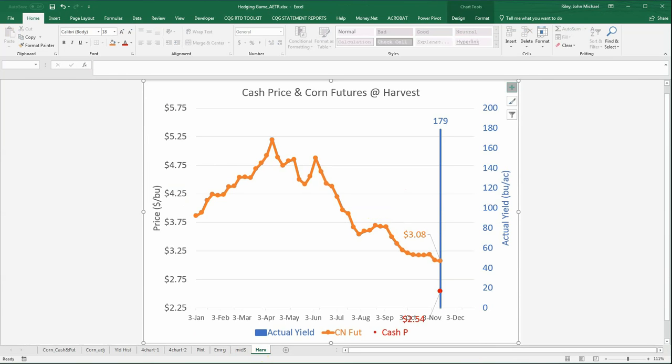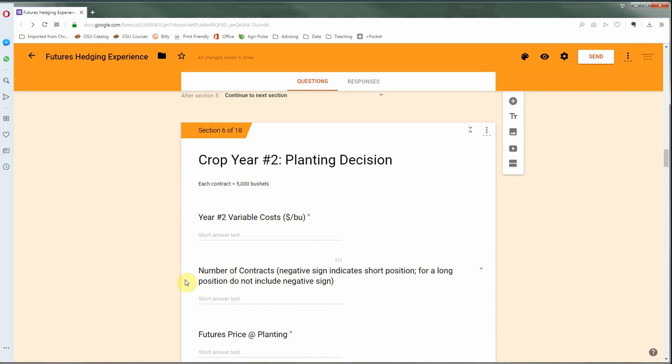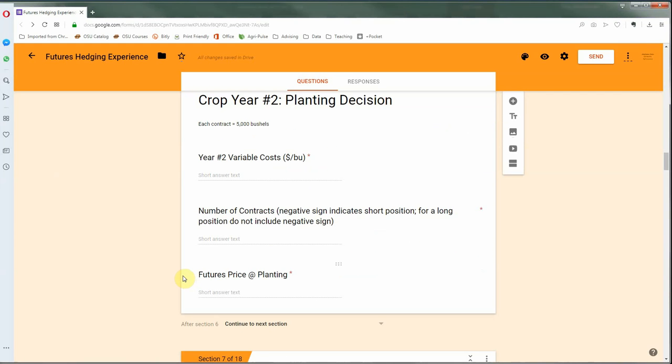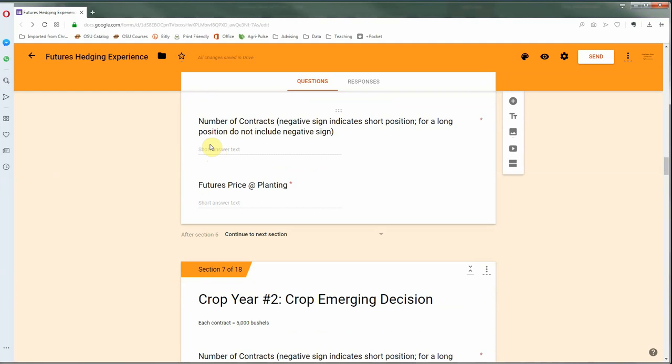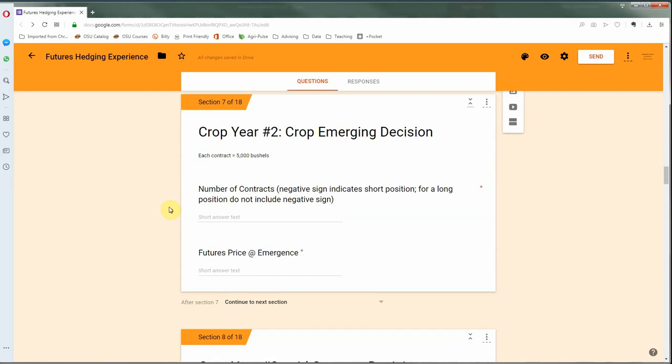And again, along the way, we step through these, I won't say slowly, but give them a chance to make those decisions and provide me the information that they have, more importantly, how many contracts they're entering into, at each stage of production.